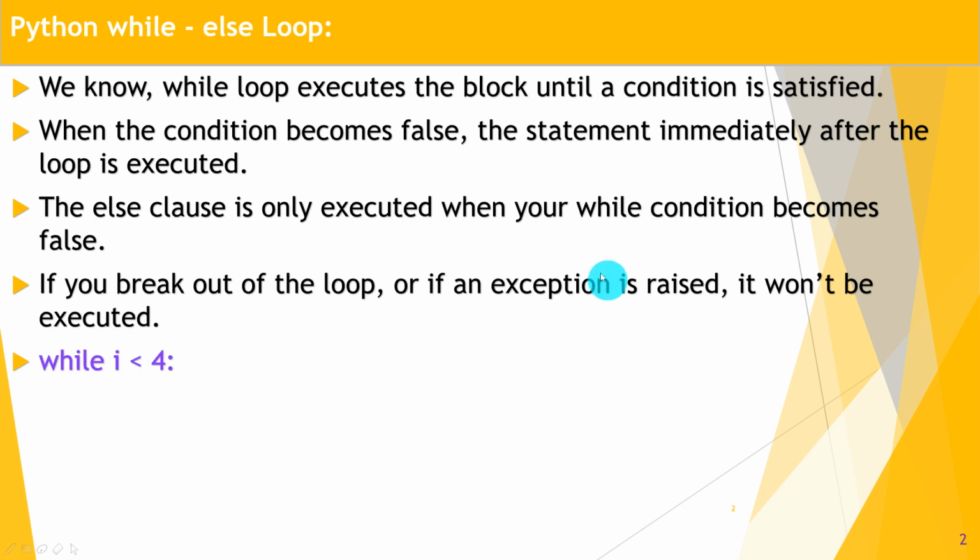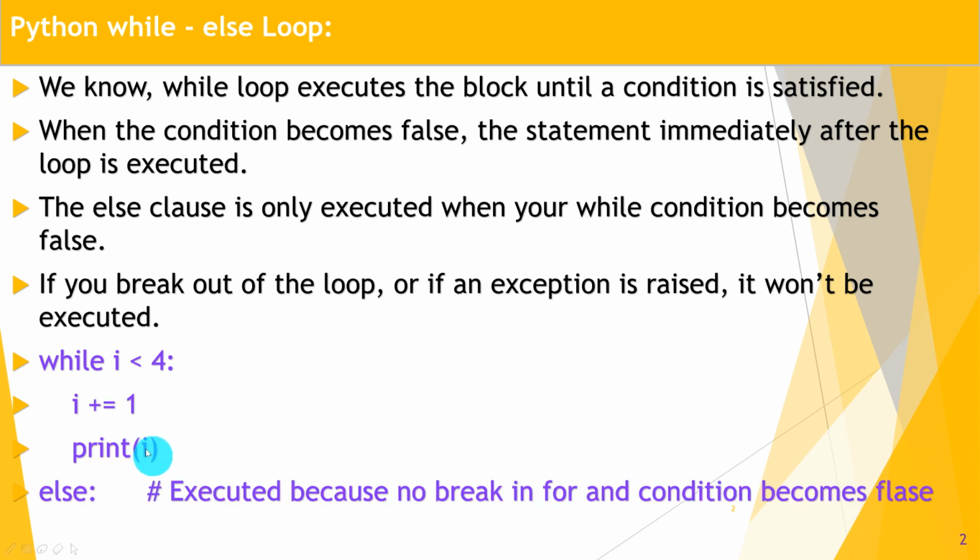While I is less than 4, where I is first initialized to 1, then I plus equal to 1, print I, and else. This is while else, a total one loop. Then in else you can write any statement.